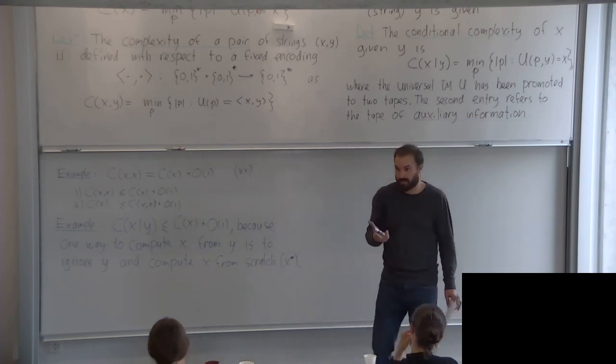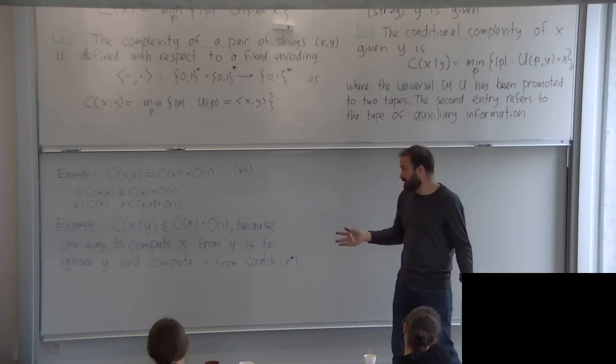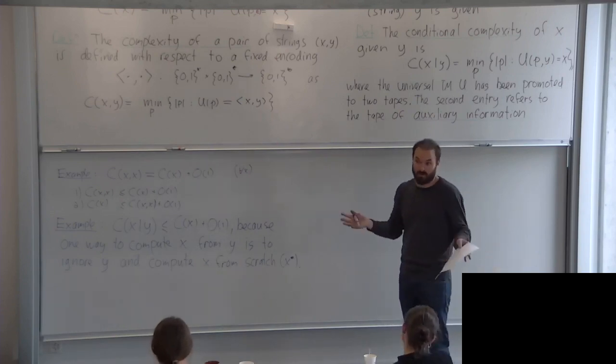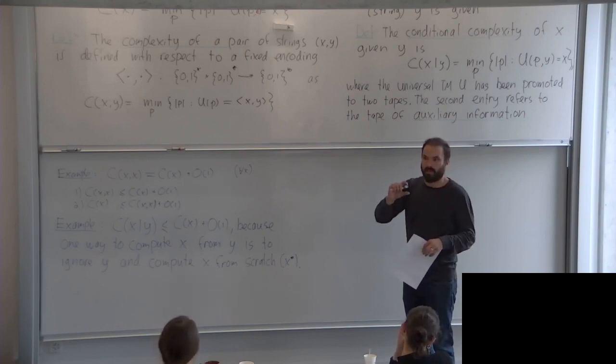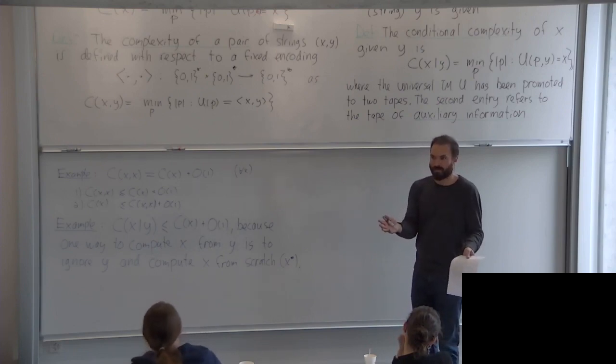But suppose that x is a complex string. We're going to meet some complex strings. Suppose that x is one of them, so its algorithmic complexity is large. Now it might be that y is exactly x, but with every bit flipped. If I give you y as a helper, it's a huge resource, right?